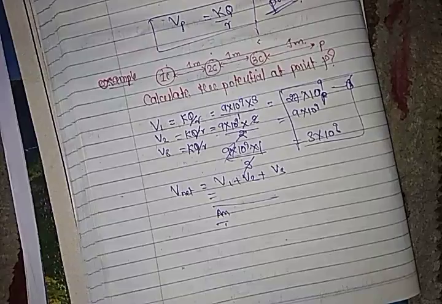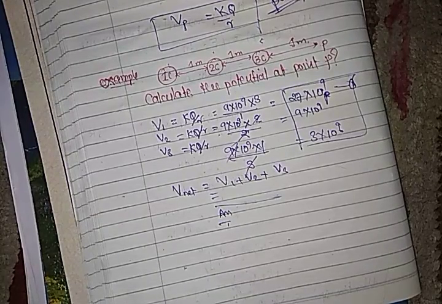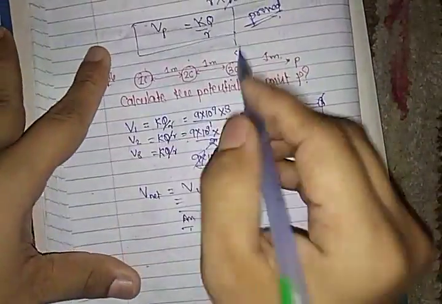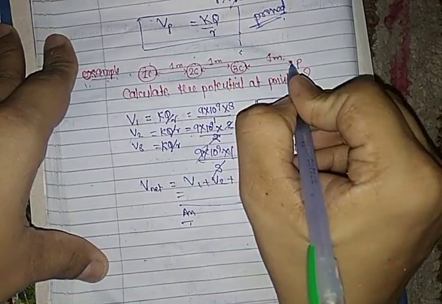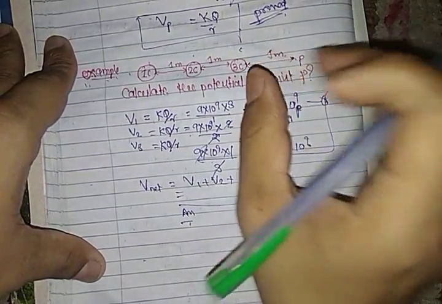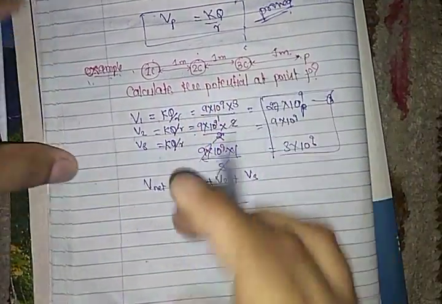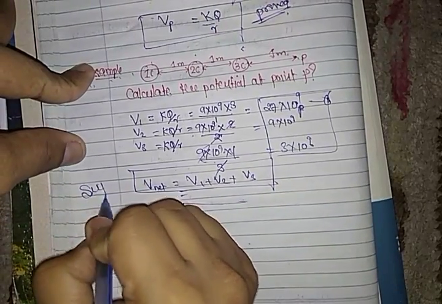This is nothing but what is called superposition of potential. What is the meaning of superposition of potential? If 1, 2, 3 numbers of charges are given and you want to calculate the potential at any point, just calculate the potentials one by one, put in the distances, and simply add them. This is called superposition.